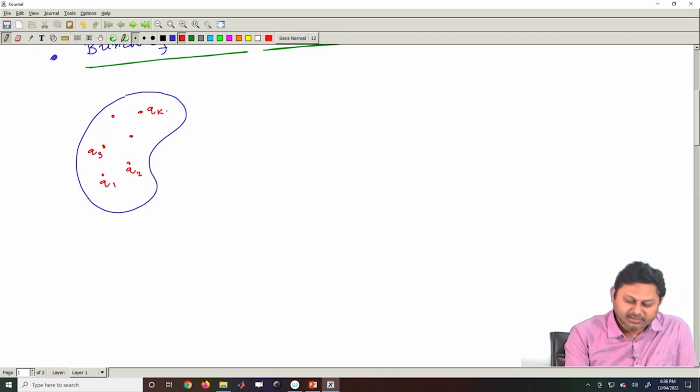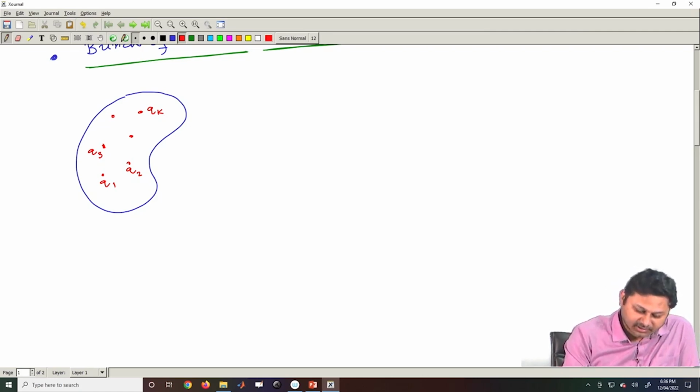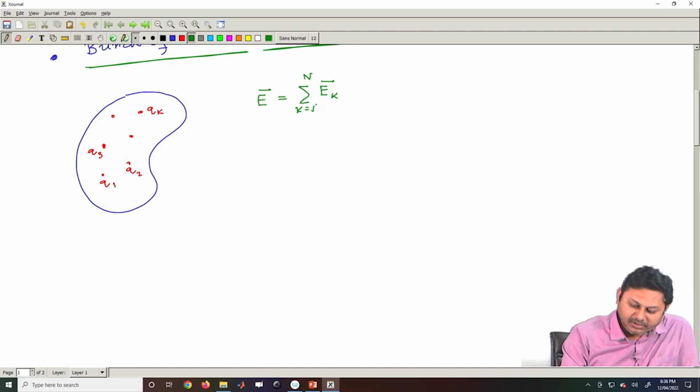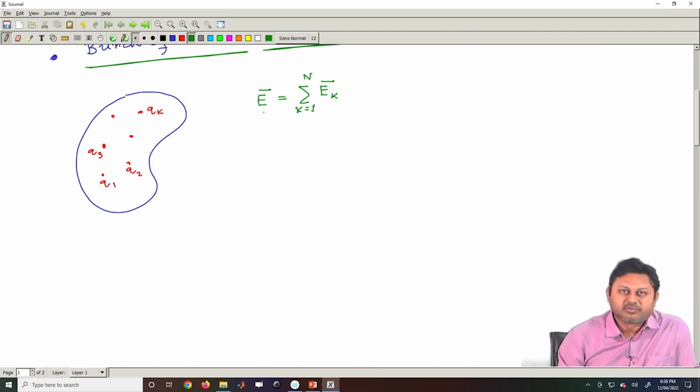For the scattered charges, if I want to find the total electric field, that should be the summation of the electric field for each individual charge at a given point r, with k going from 1 to n if there are n charges. Okay. So, this is my total electric field, by the superposition principle.